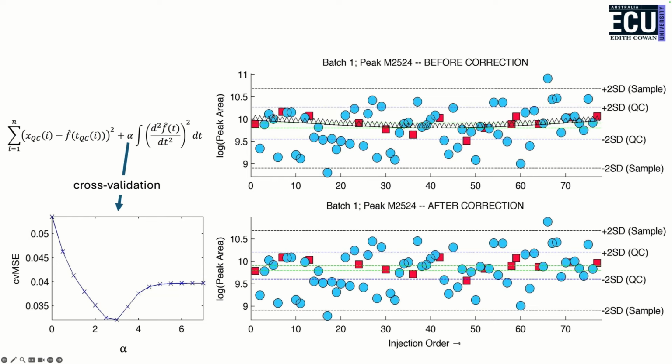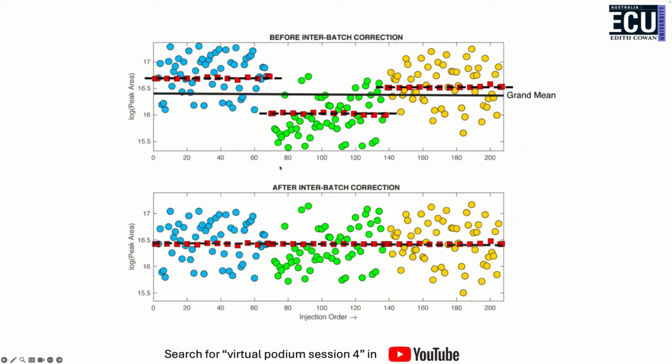You capture the systematic bias over time, but you don't remove the noise in the data, which would be overly optimistic about the quality of the data. So that's the basic principle within a batch. Then between batches, it's just a simple matter of aligning those batches together to the grand mean, a very simple process because all the hard work is done in the within-batch correction.